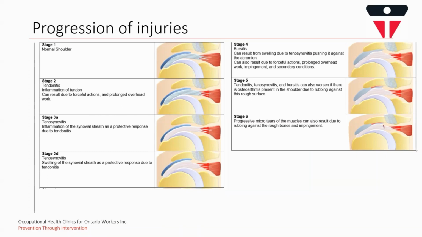Stage 5, the tendonitis, tenosynovitis, and bursitis can also worsen if there's osteoarthritis present in the shoulder due to rubbing against this rough surface, and becomes progressive, leading to the development of micro tears of the muscle that can also, as a result, lead to full thickness tears due to rubbing against the rough bones and the impingement.